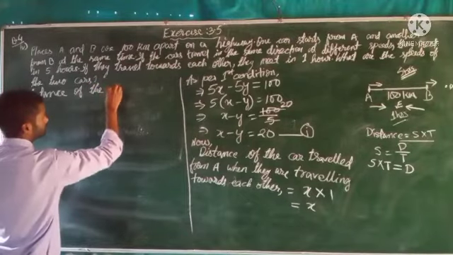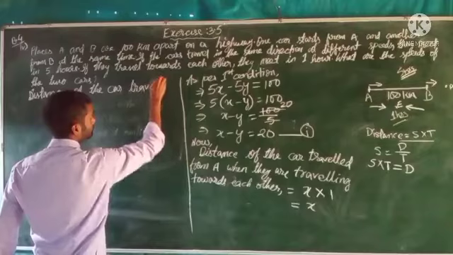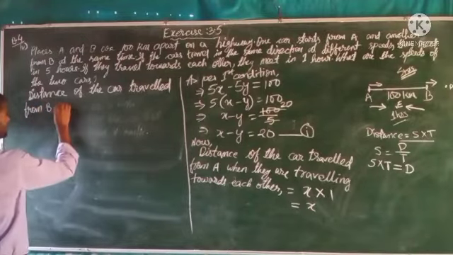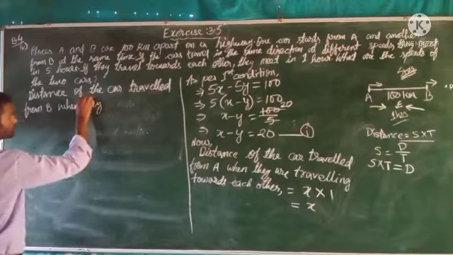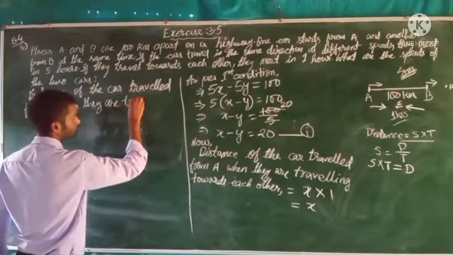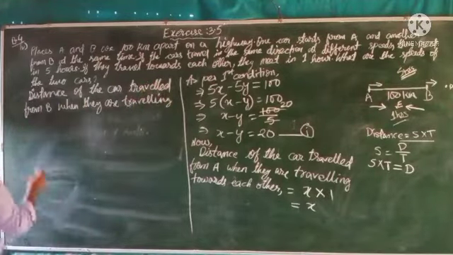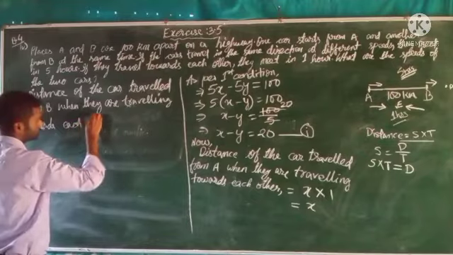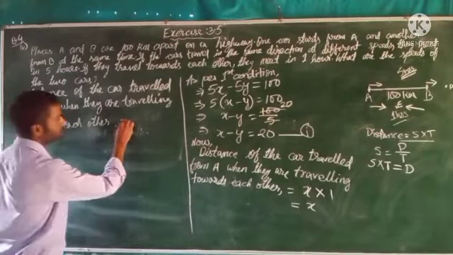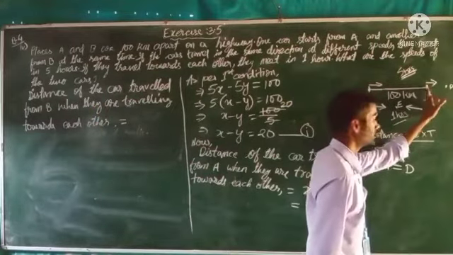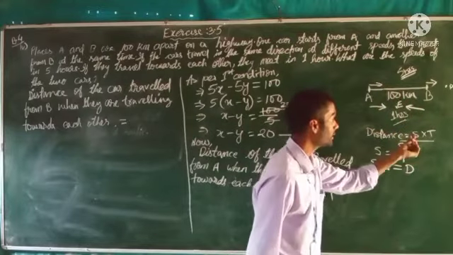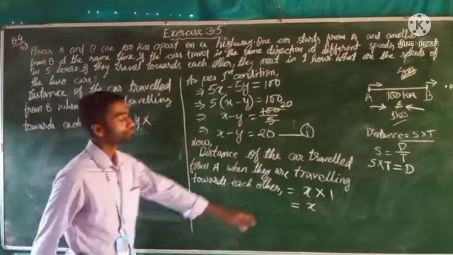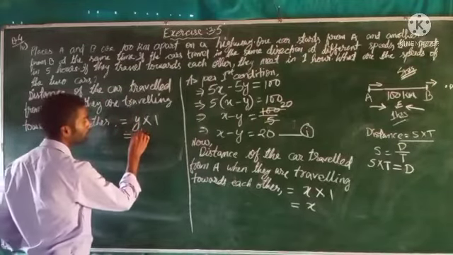The car that starts from point B, whose speed we took as y kilometers per hour, so y into time, which is the same, 1 hour. So y into 1 gives y itself.